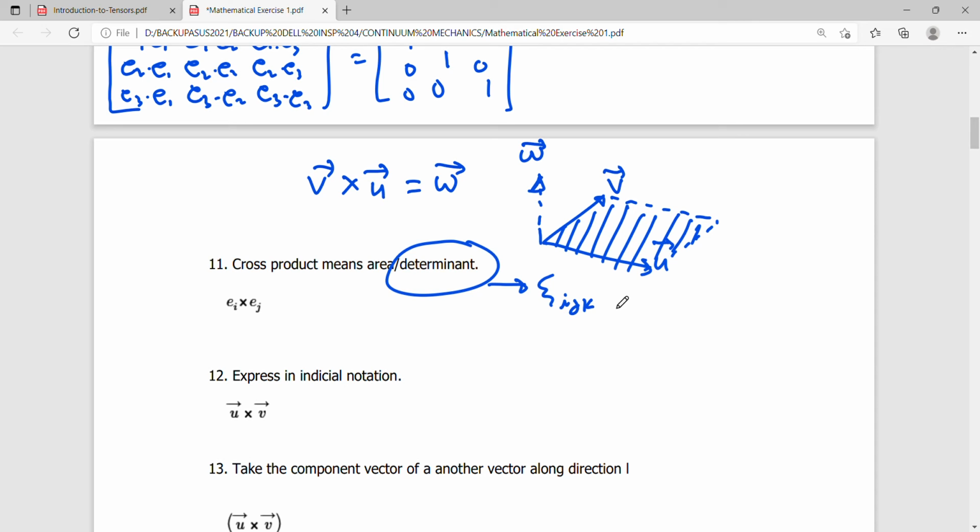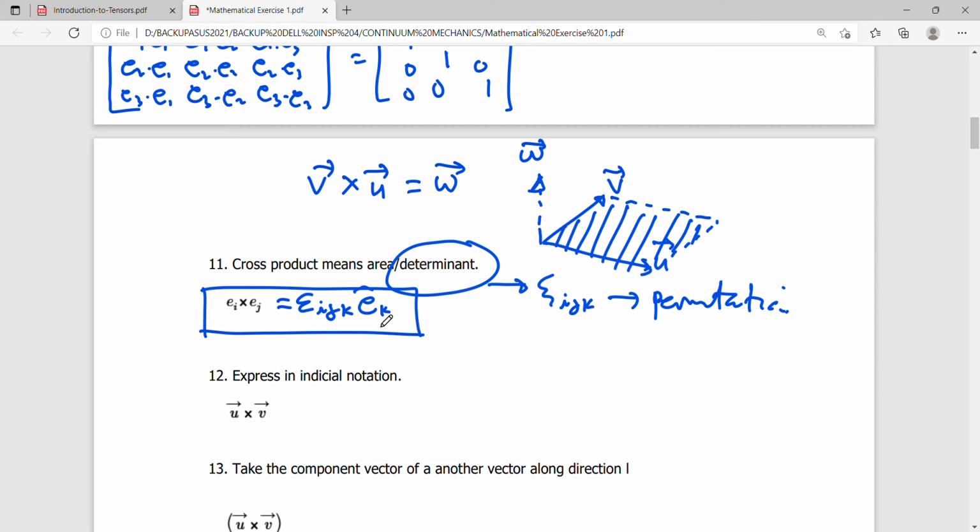We discussed this in the first lecture. Therefore, this EI cross EJ, if I look into this definition, is simply equal to epsilon IJK. So I just add a dummy index, let's say K, and make a directional unit-based vector to emphasize and make obvious that this special tensor happens to be a vector.